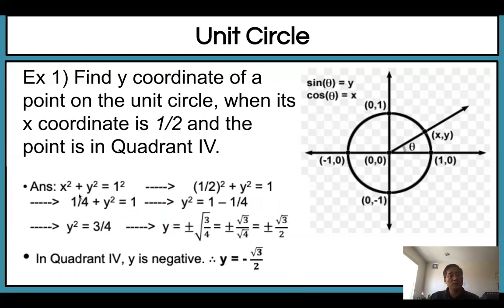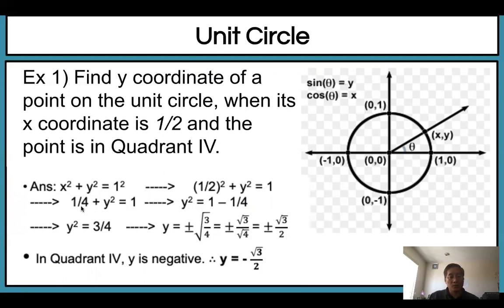You don't need to do anything else. So simply x squared plus y squared is equal to 1 squared. And then we know that x was a half. So half squared plus y squared is equal to 1. You simplify. Half squared is 1 over 4, right?